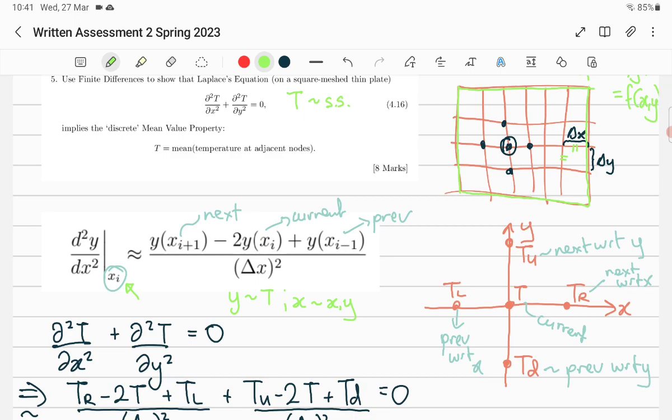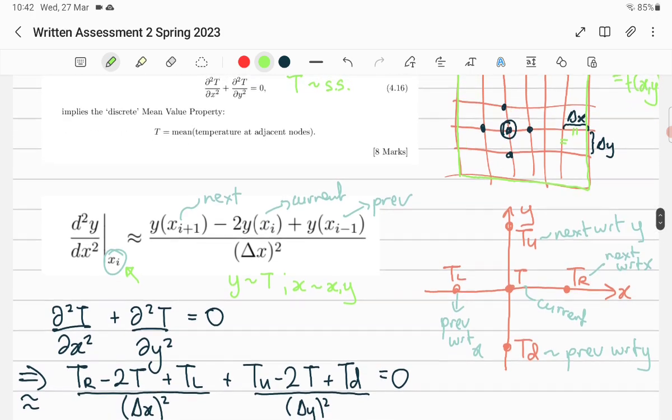So x_{i+1} means the next point in the x direction. In our context, it's the temperature at the next point over in terms of x, minus twice the current temperature, plus the previous temperature.